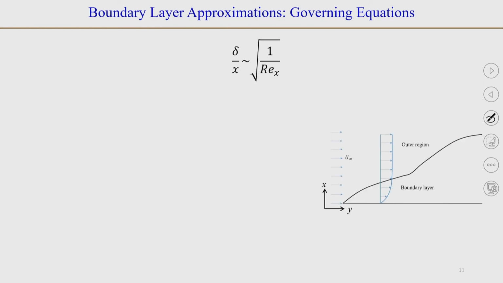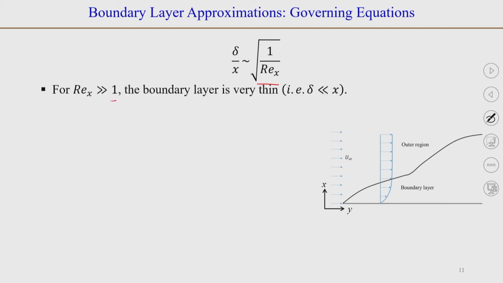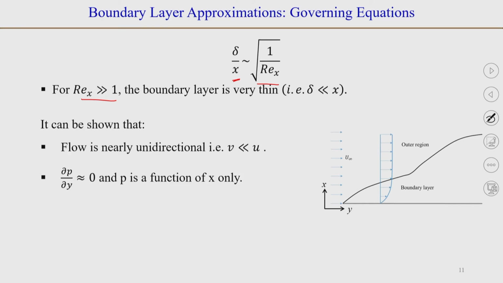Now, as we saw, the boundary layer thickness is proportional to 1 over root Re x. So, when the Reynolds number is high, the boundary layer is very thin. That means the y coordinate is very small compared to the flow along the x direction. So, we can use this approximation, and like we did for the lubrication approximation, we can show that the flow will be nearly unidirectional.